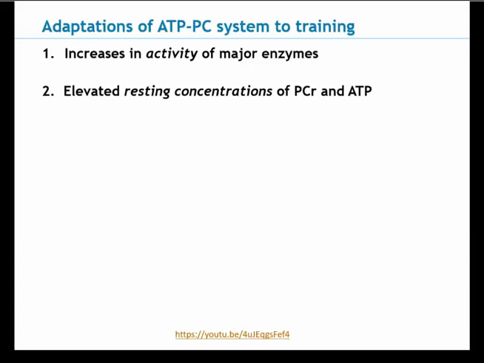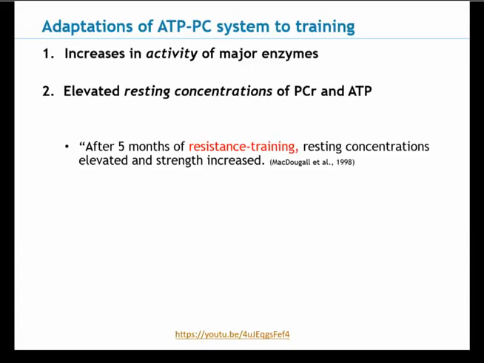The second change is elevated resting concentrations of PCr, which is creatine phosphate, or phosphocreatine, and ATP. I have some results from a study that looked at this second change. Increased resting concentrations means we have more of these substrates, or fuel sources, even at a rested state.